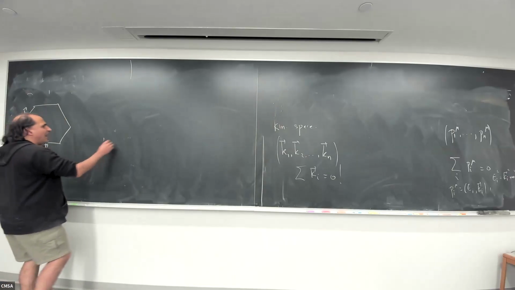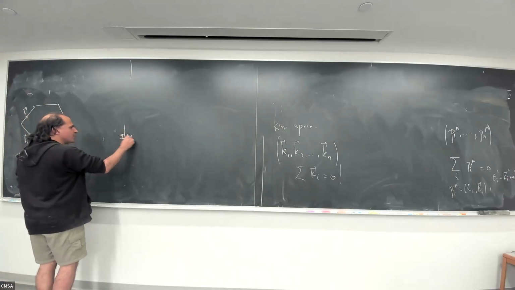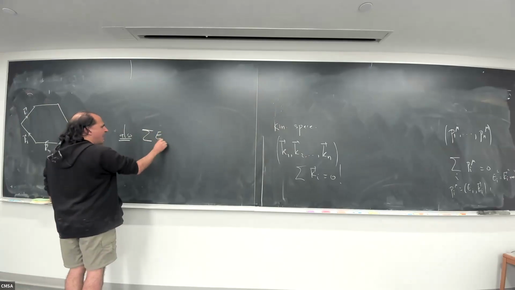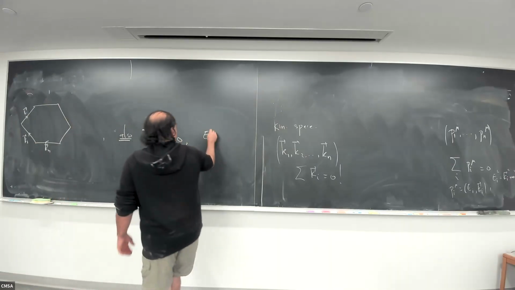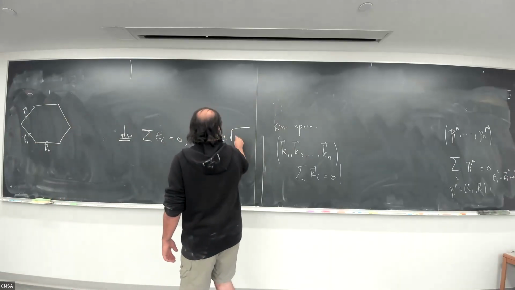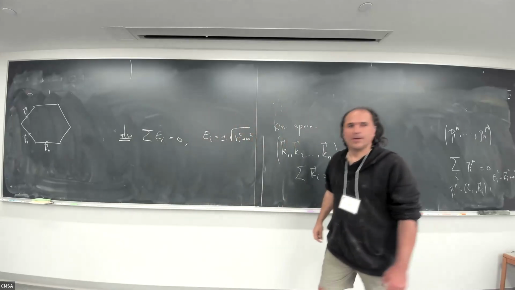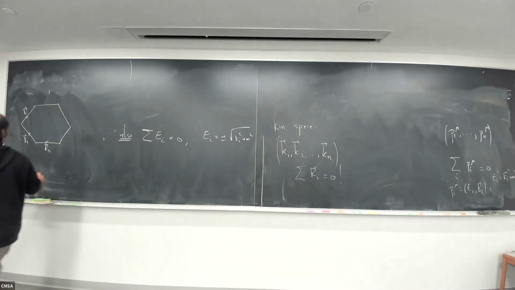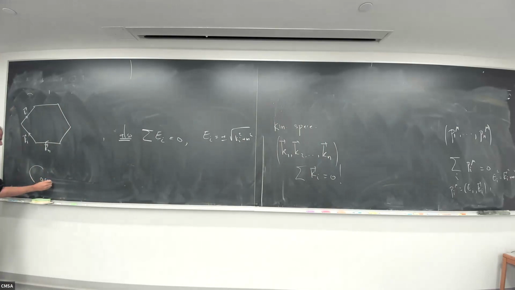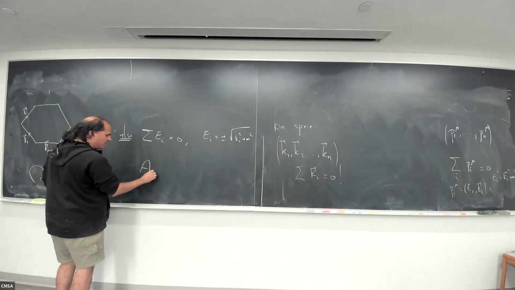Whereas for the amplitudes, I also have that the sum of the E_i is equal to 0, where the E_i are plus or minus root K_i squared plus M squared. Okay, so this is cosmology, and this is amplitudes.